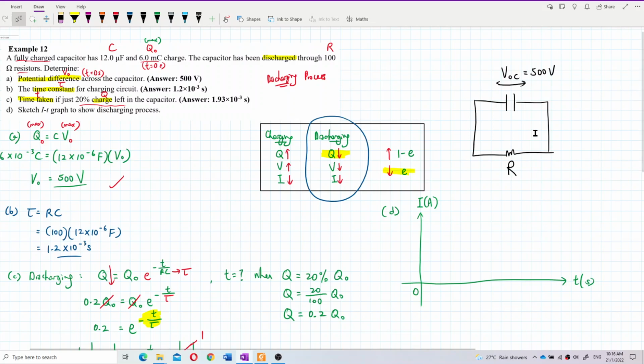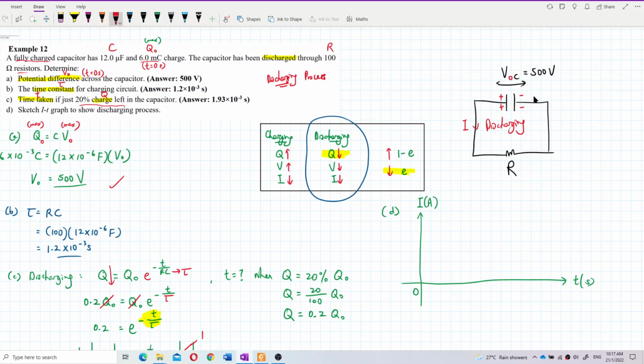So when the discharging process happens, let's say this is the positive plate and this is the negative plate, current will flow. When this is the initial, we see that this is the maximum voltage.